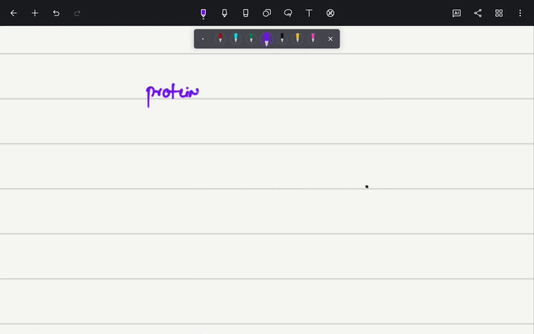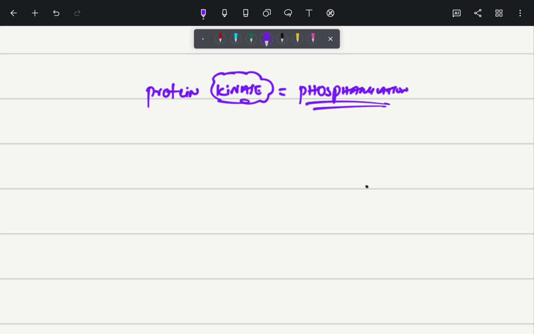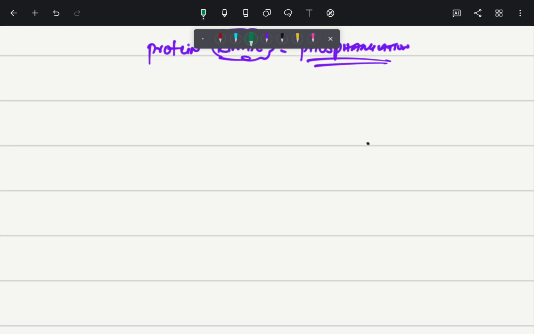So protein kinase. Kinase means an enzyme. Whenever you hear the word kinase, it means it is an enzyme which will do phosphorylation. An enzyme which will do phosphorylation or add phosphates is known as your kinase enzyme. So this kinase is going to add phosphates on a protein.